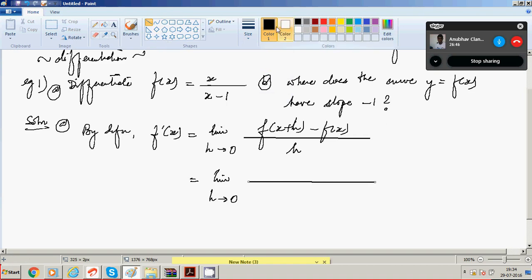So on f of x plus h, see, when f of x itself is equal to x over x minus 1, what does f of x plus h mean? Sir? This x has now become x plus h, so wherever there was x, replace it with x plus h.